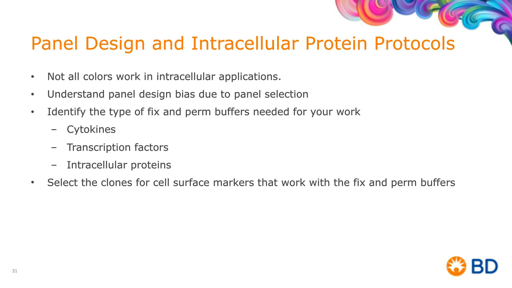So the selection of those clones for cell surface markers are equally as important when we're looking at intracellulars too. So it's about data and information. So whether it's in papers or whether it's in databases, what we really want to do is know if they work in a given buffer system or they don't before we start any application in intracellular proteins.